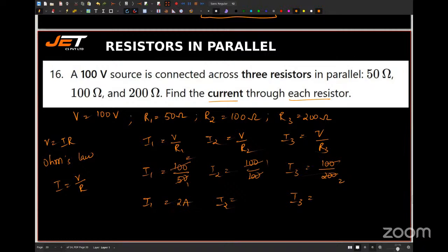This is 1 amp. This is 0.5 amperes. Good, good. Correct. Yeah, I can see the answers now. If you have any doubts or if you have made any small mistakes in your calculations, you can correct them from here.